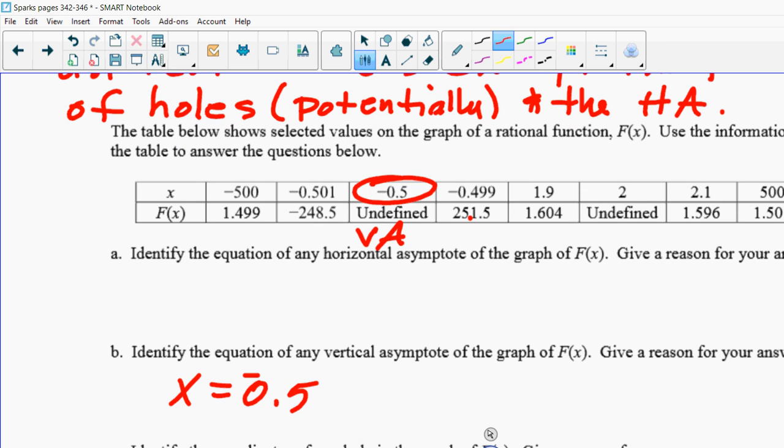As x approaches this number, do the y values approach infinity or negative infinity? Heck yeah, that's a vertical asymptote. So give a reason.